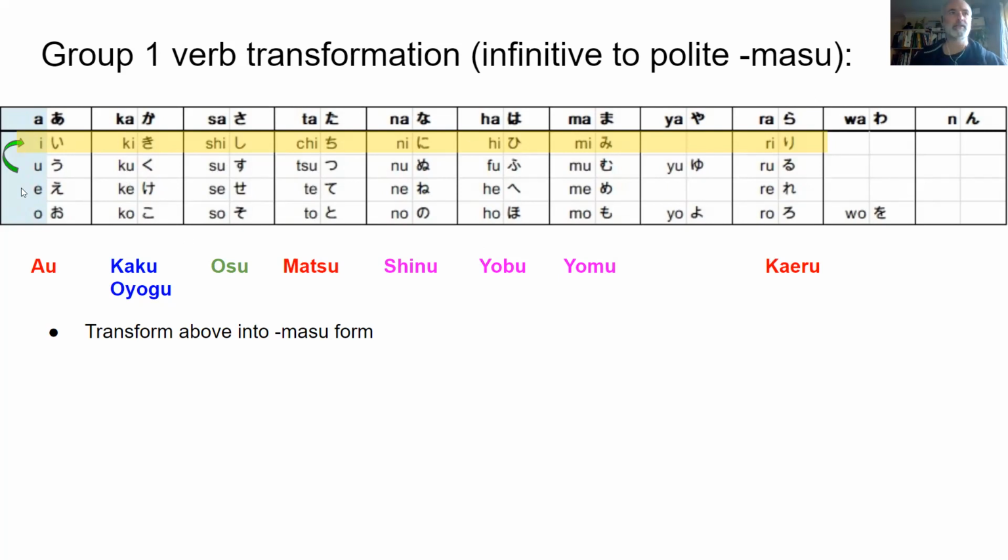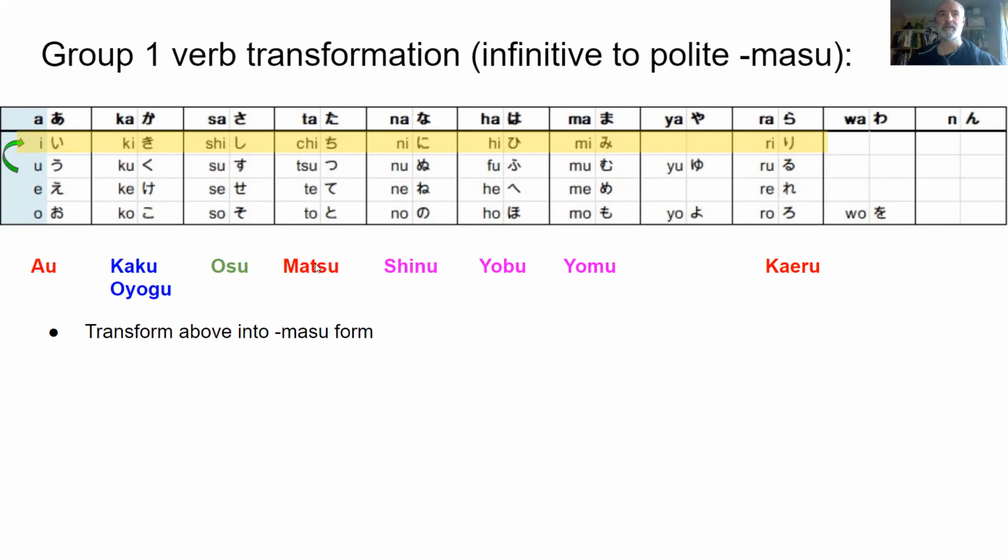So in all these cases, we take the suffix, which is in this u row, and we jump up to the next row, and then we put masu at the end. So au becomes ai, and then masu becomes aimasu, to meet. Kaku, to write, starts from ku, goes up to ki, so it goes kakimasu. Oyogu goes up to gi, or oyogimasu. Osu, the suffix goes to shi, so it becomes oshimasu.